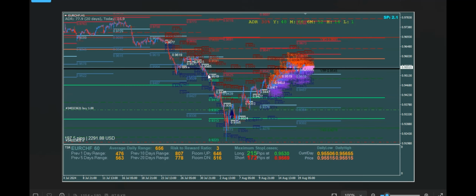Now, if price broke below the weekly S1 and then immediately bounced back above the weekly S1, then we can consider that a bounce up from the weekly S1, right? But the fact that it broke below the weekly S1 and kept going and moved far below the weekly S1, we now see that as an extra strength downtrend.